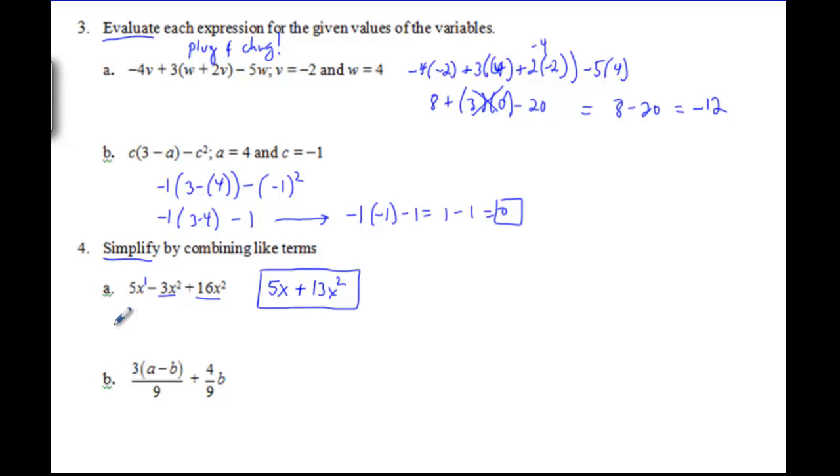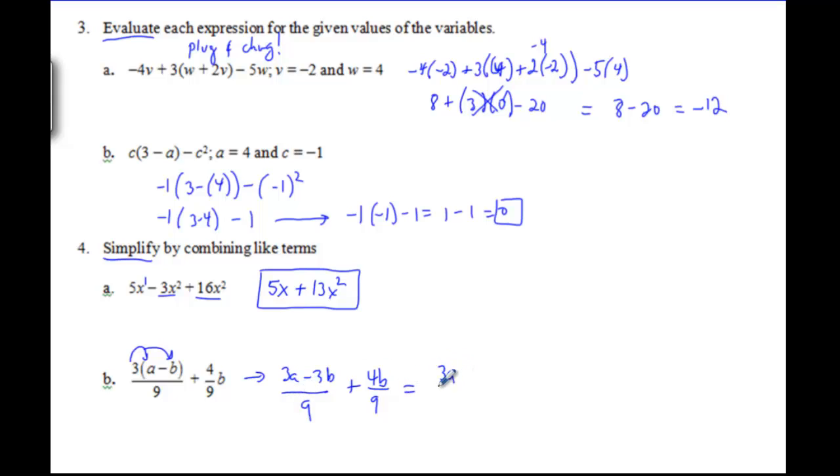And for B, we have 2 fractions, and we have to do a little simplifying. If you remember the distributive property, we distribute and get 3a minus 3b over 9 plus 4b over 9. I'm going to break this apart with a common denominator.